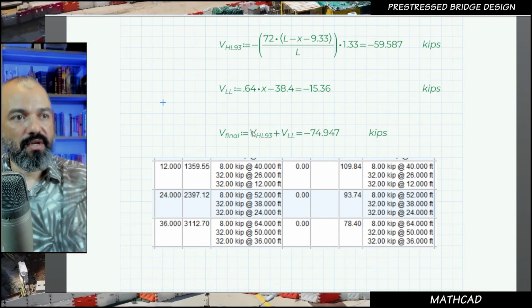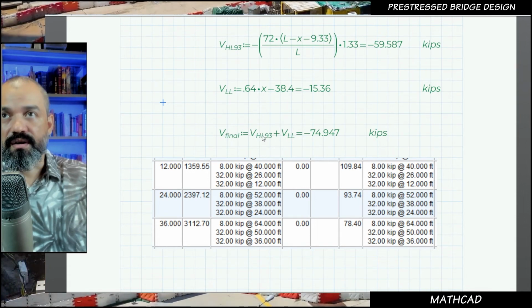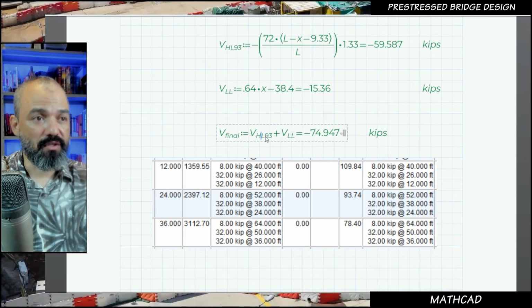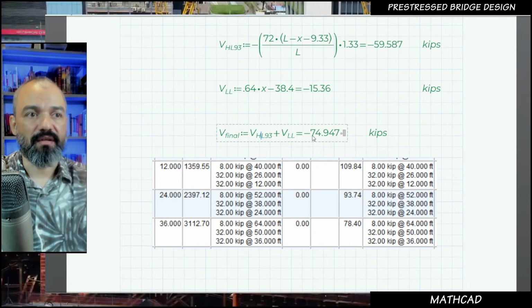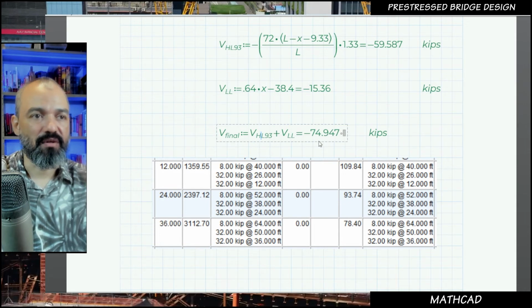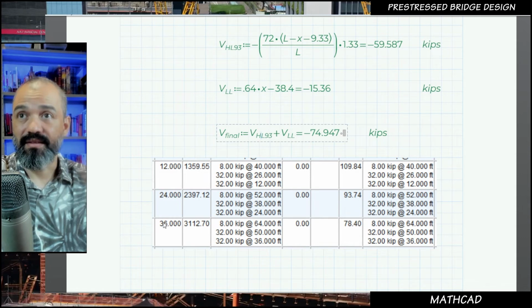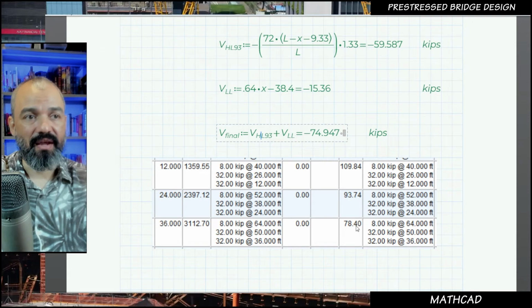See here, I'm summing the shear for the load lane and the load truck. I've got 74.9 kips of shear, and we're analyzing at the 0.36 feet, 78.